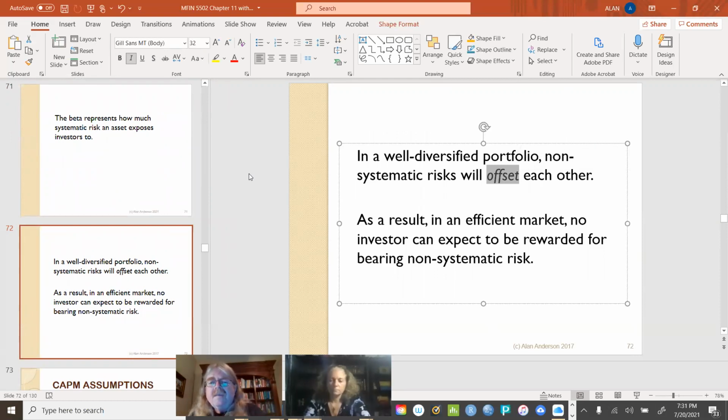So in this theory, non-systematic risk should not be a problem for investors because they can get rid of it by holding a well-diversified portfolio. So the return to a stock doesn't depend on its non-systematic risk.